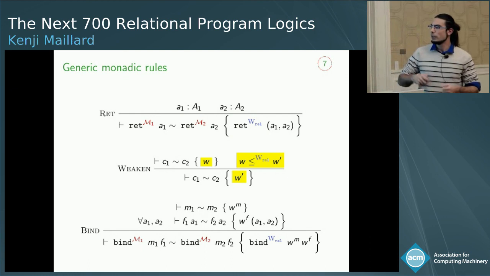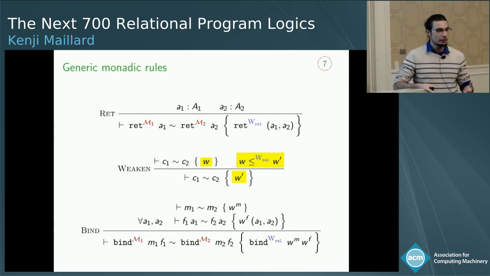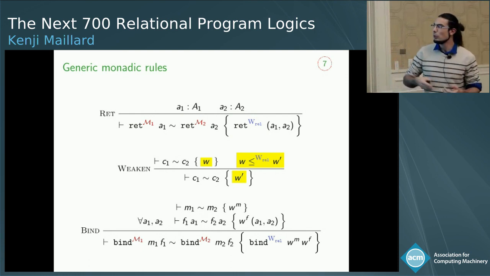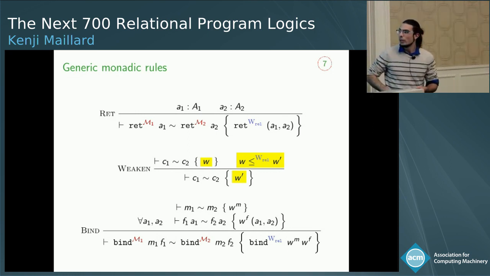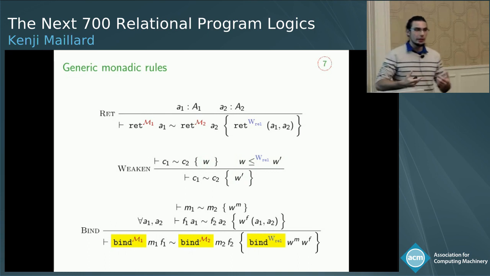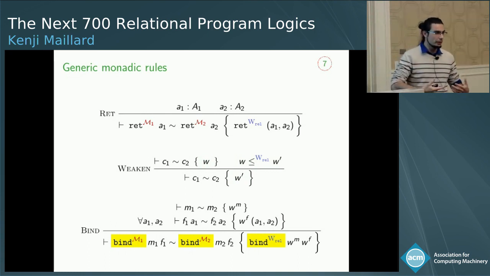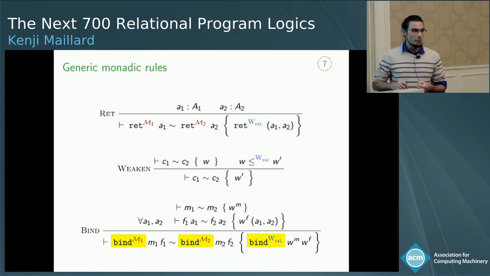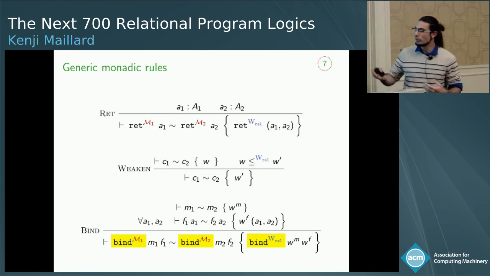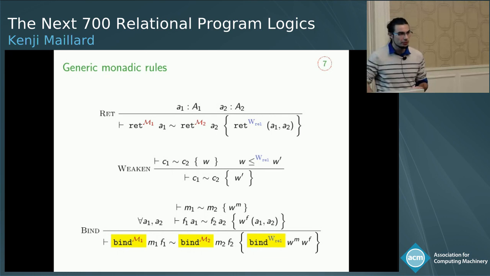I can always weaken a specification when W entails W prime. And I can bind, if I have two computations, a first computation and then a continuation, I can provide a specification, which is a composition of the specification for the subprograms.